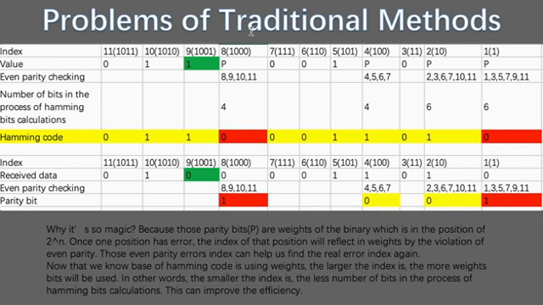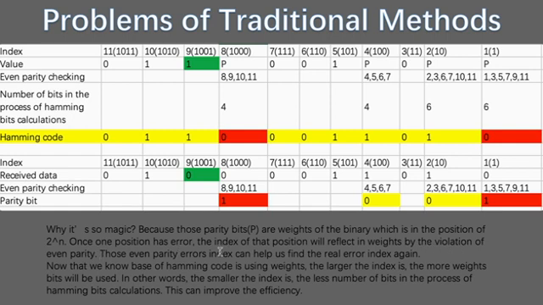However, there are some problems in all the traditional methods. Firstly, let's see why it's so magic. Because those parity bits P are weights of the binary, which are in the positions of 2 power n. Once one position has an error, the index of that position will be reflected in the weights by the violation of even parity.